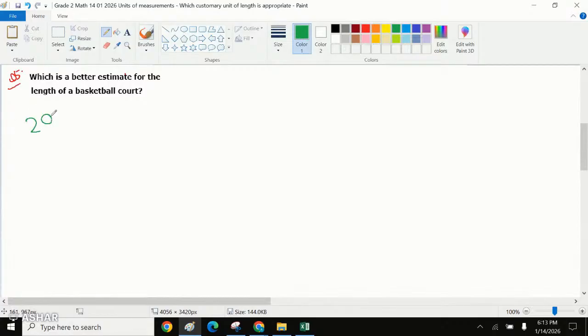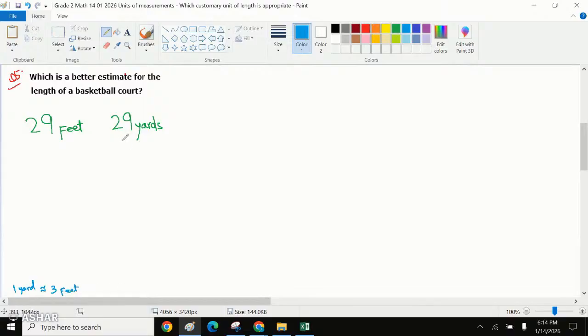We have 29 feet or 29 yards. So we can say that 1 yard was approximately 3 feet, right?